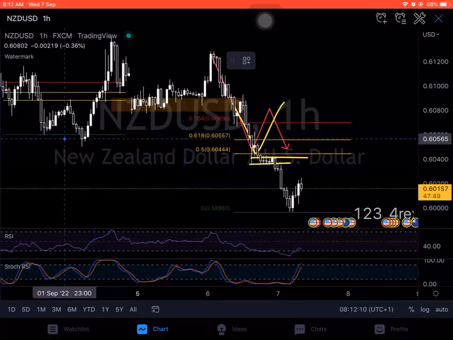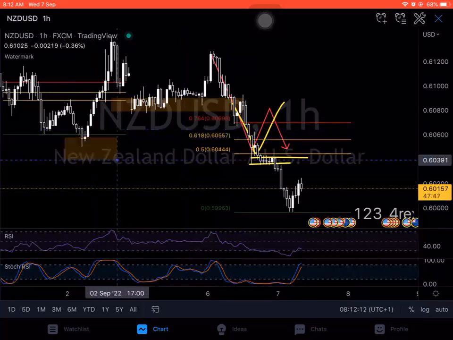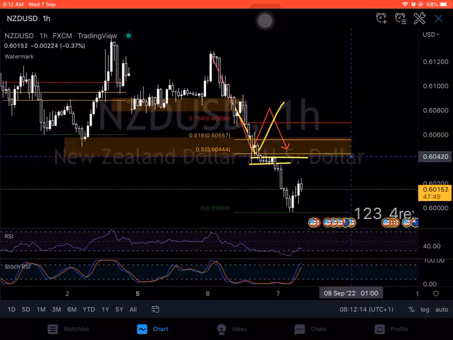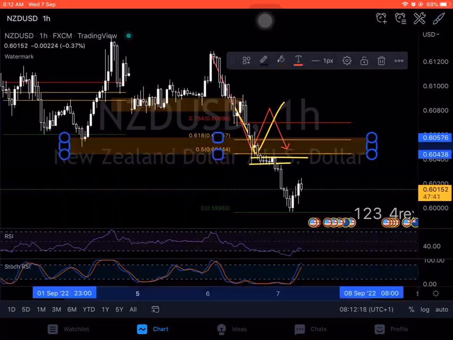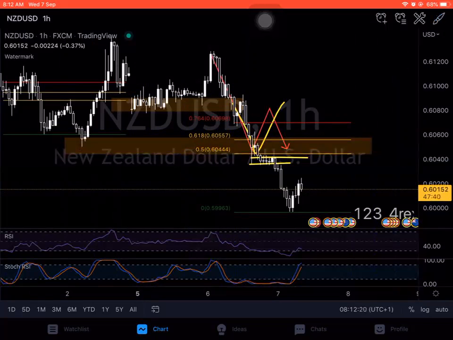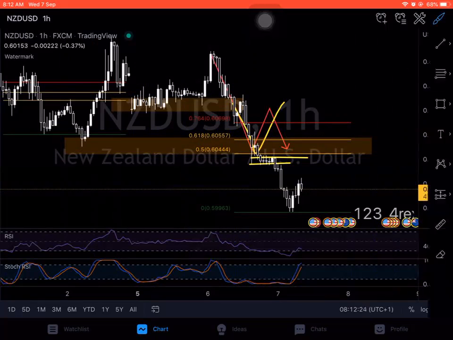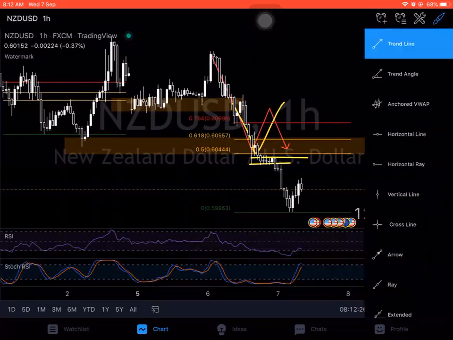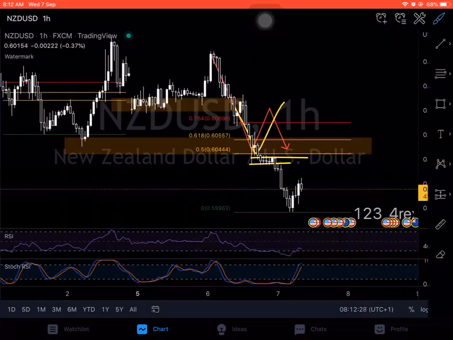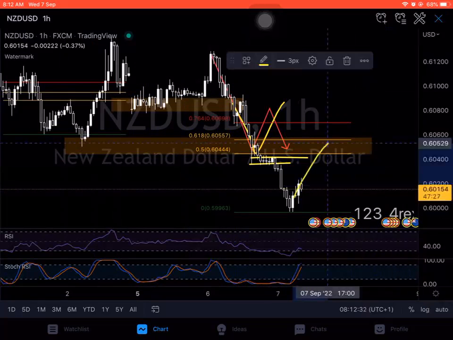Let me draw from there, to these levels here. Do you understand? So now what we can do is to chill here and watch out. The moment you see price get into these levels here, we can start looking out for any entry criteria.